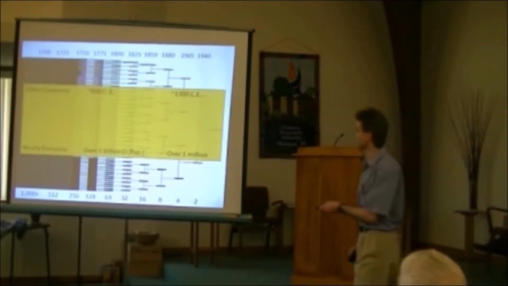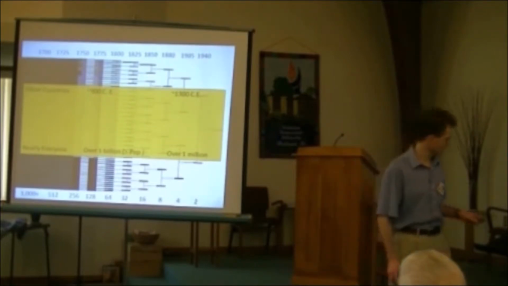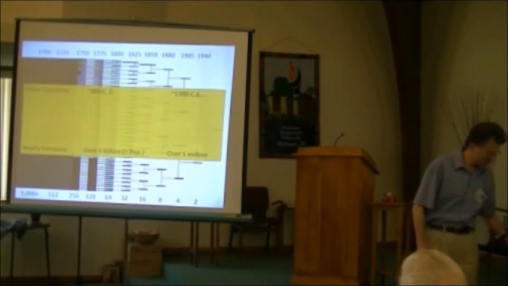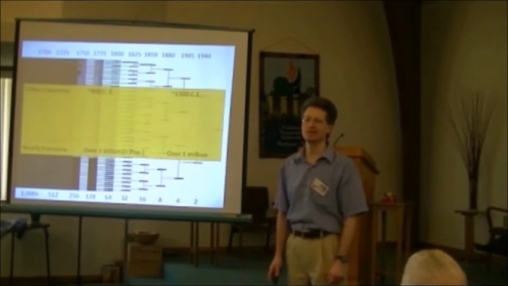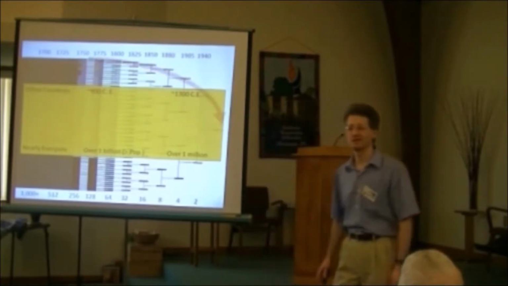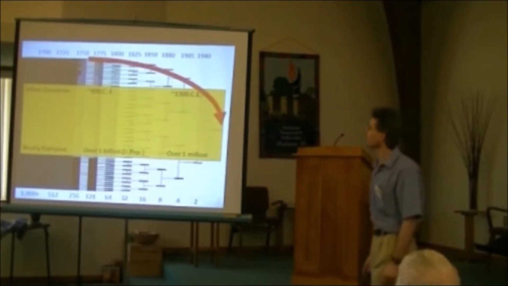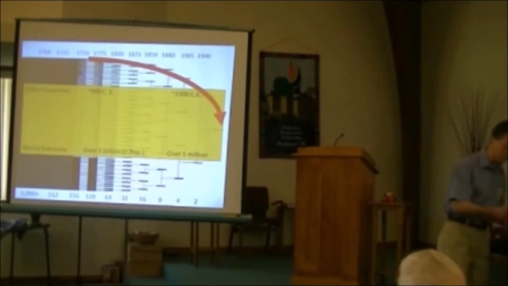And if you go back a few hundred years before that, you've got millions of ancestors. How many of them contributed mitochondria to me? Not very many. Just the mothers of the mothers of the mothers of the mothers.